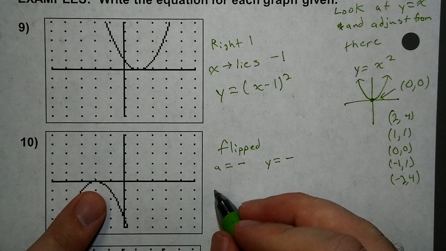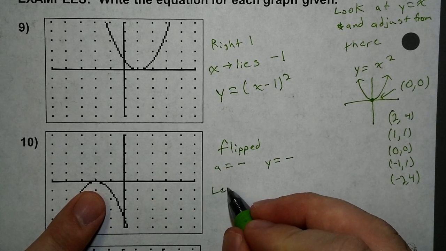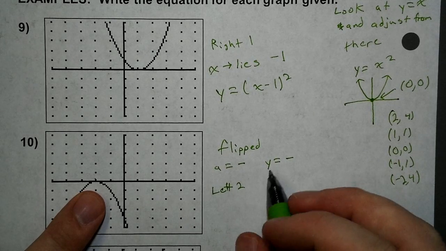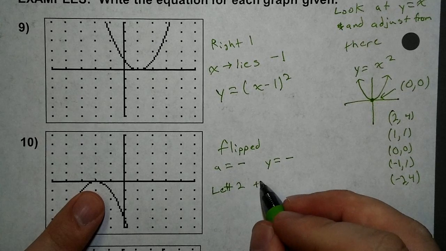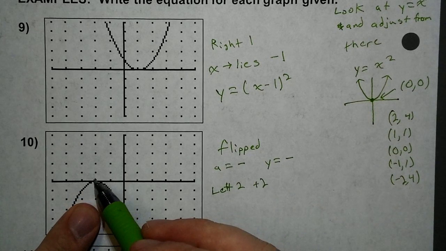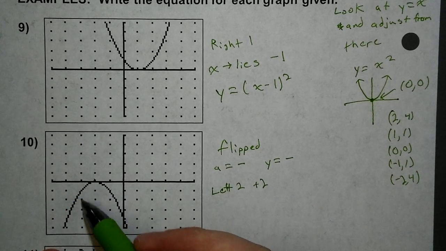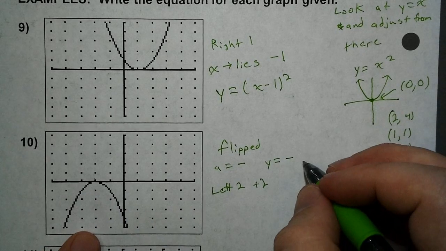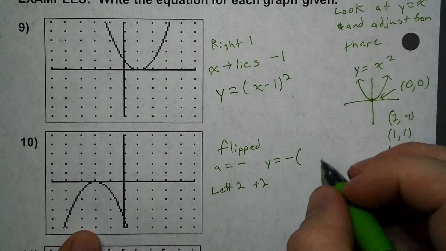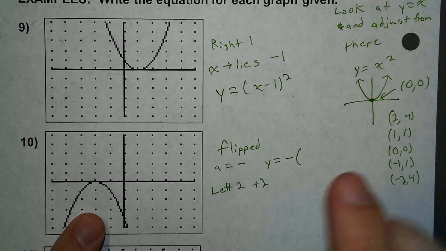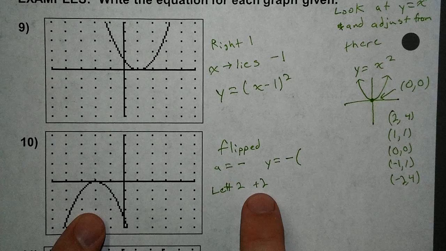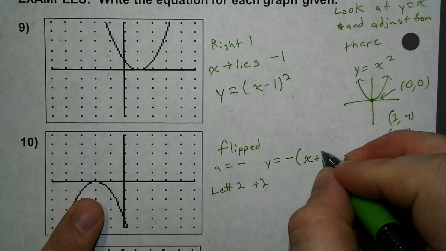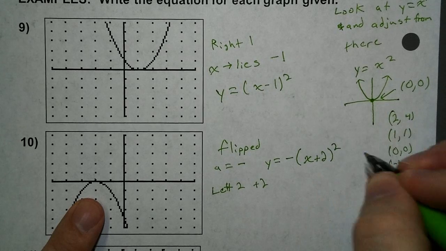So it moves to the left 2 spaces. But remember x lies, so that's actually going to be written as a plus 2. 0, 0, 1, 1, 1, 1, 2, 4, 2, 4. It does not look like it got wider or smaller, so let's leave it like that. And in parentheses is how we adjust the x. X lies, so moving to the left 2, it's going to be x plus 2 parentheses squared.